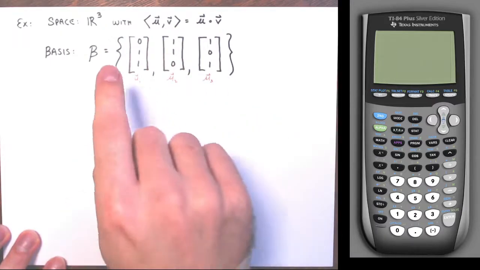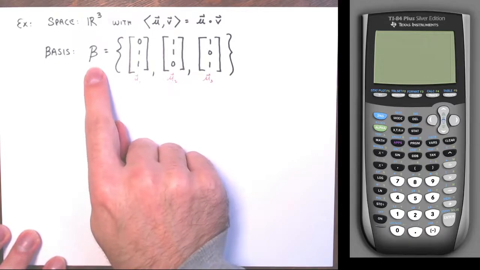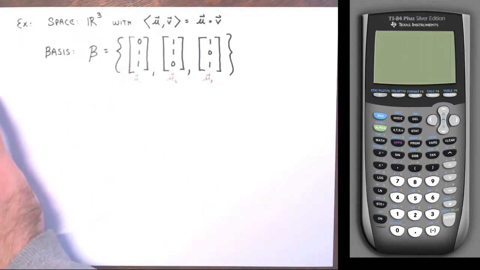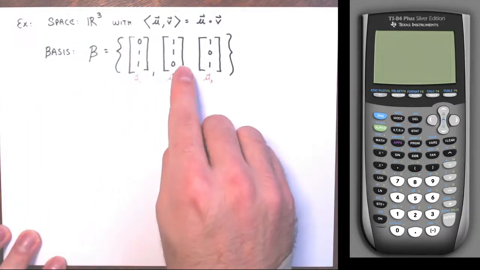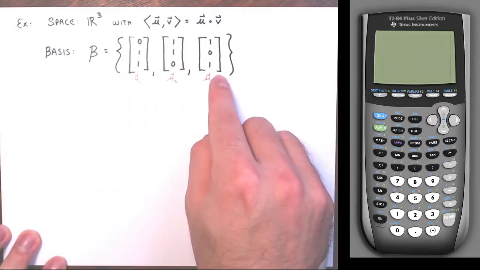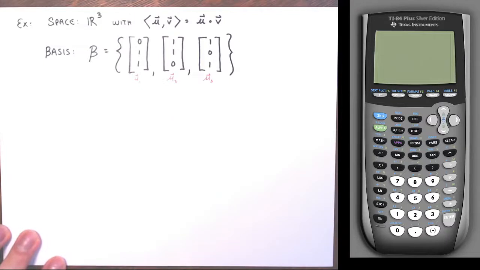And here's a basis for R3: the vectors (0, 1, 1), (1, 1, 0), (1, 0, 1). And you can double check, verify that these are independent and span R3, right? So we have a basis for R3.